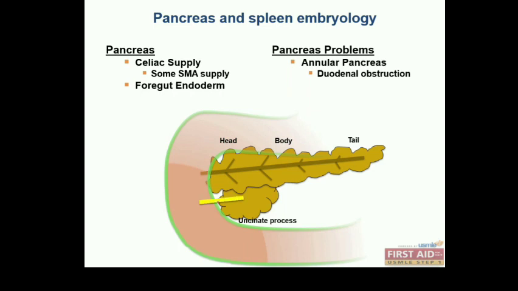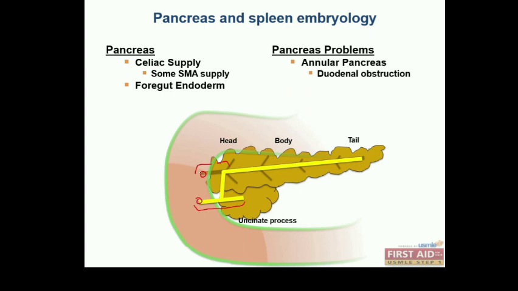That means that if the much larger dorsal pancreas wants to have any shot at a normal outflow, it has to divert its flow through the ventral pancreas. This larger outflow tract is called the main pancreatic duct, and it drains into the major papilla, whereas the little dinky tract coming off the dorsal pancreas is the accessory pancreatic duct, and it drains into the minor papilla.